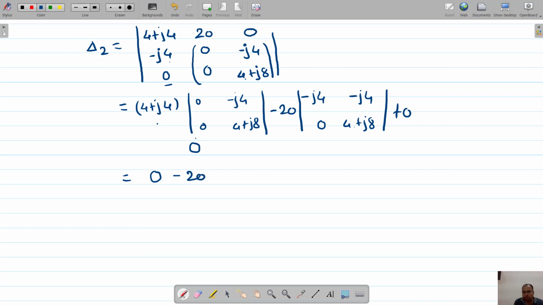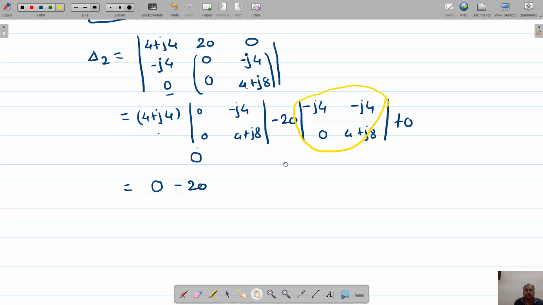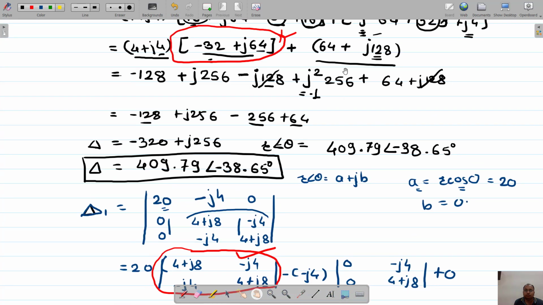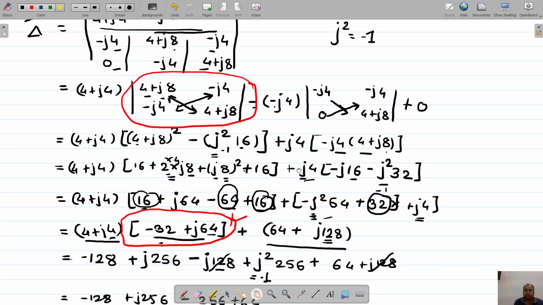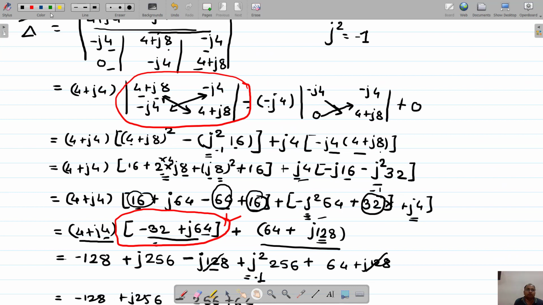Now concentrate on this one. We have already calculated this as well while calculating our delta, right? So let us concentrate on that delta. What was the value that we calculated? Okay, so this is nothing but your value. Over here we have found this value: minus 16j minus j square.